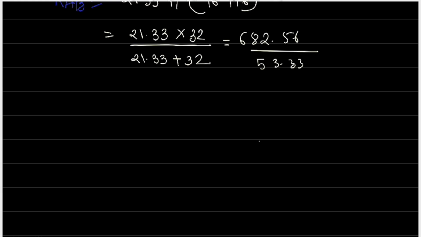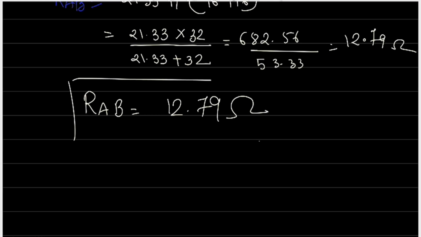So 682.56 divided by 53.33 will give me the answer 12.79 ohm. So our RAB is 12.79 ohm. So this is how you have to solve your example related to delta-star and star-delta transformation.